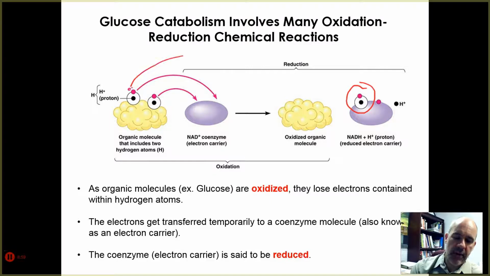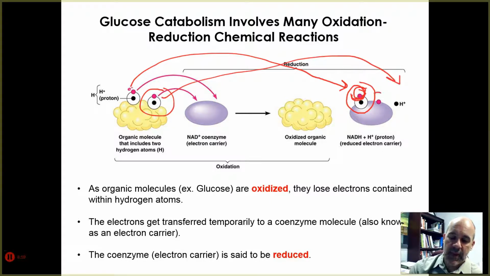It acquired one of the hydrogen atoms off of the original molecule and its associated electron. You can see that right there. And then the other hydrogen atom was also plucked off, and the electron of that hydrogen atom wound up on the NAD. The proton, so a hydrogen atom, if you remember from chemistry, is one proton and one electron.